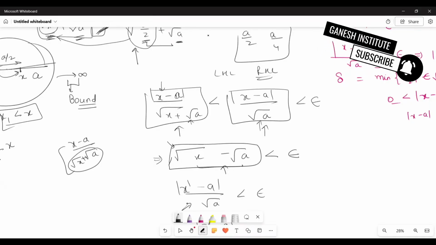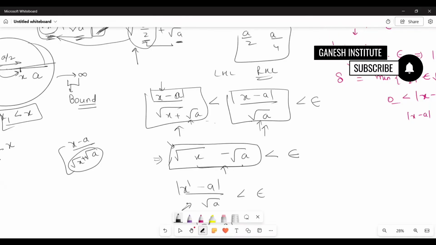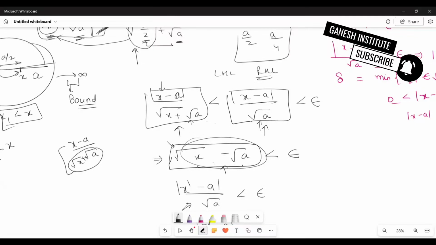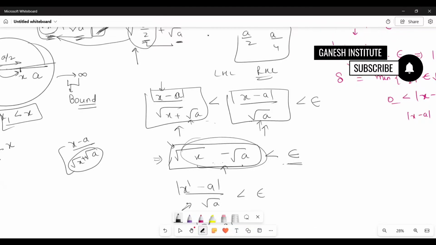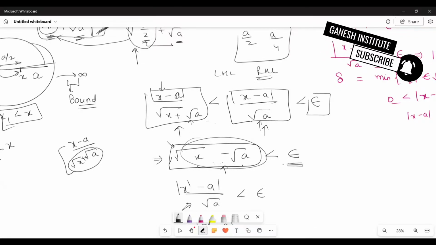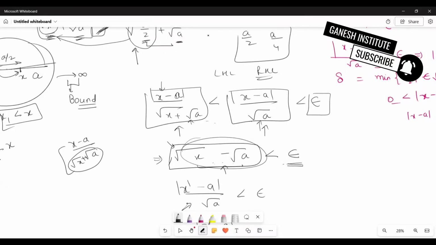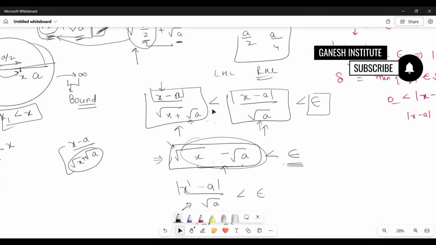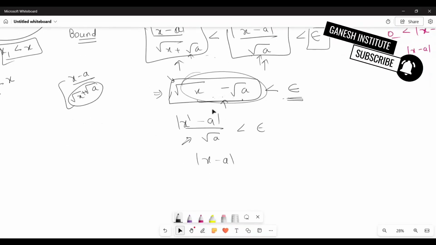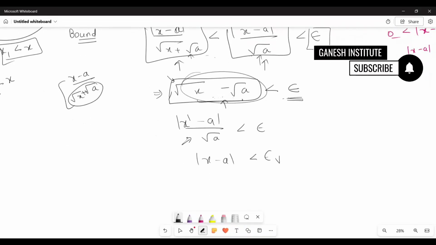So if denominators are having greater value, this value is going to be bigger, and epsilon is greater than that. So epsilon is greater amongst all. Now, if you have substituted, you just take this root a here.